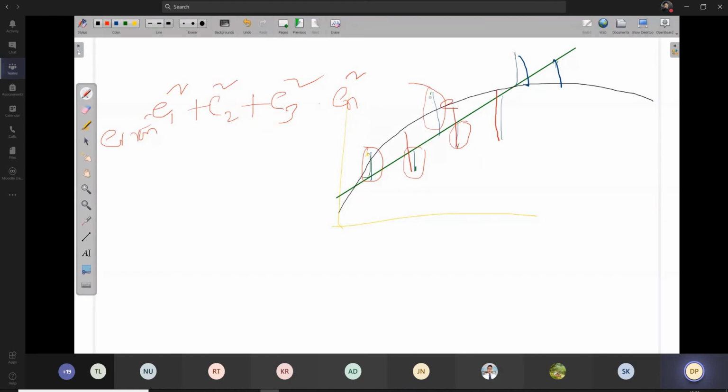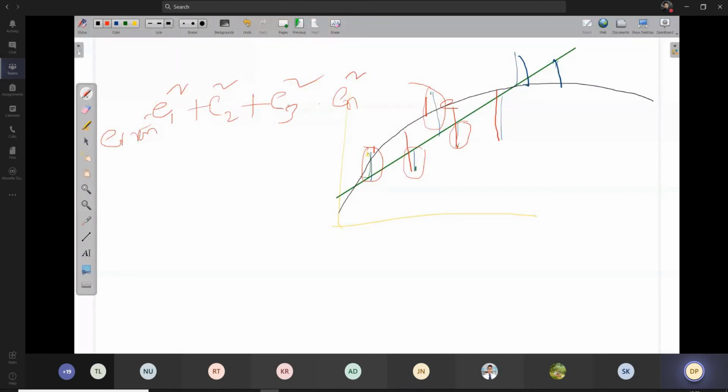Like that, every point has some error. Now you see the error amounts have changed. For this circular curve, here the error value is reduced, here it is increased, here reduced, here increased. So somewhere it is increased, somewhere it is reduced. For the straight line, it was a different value.